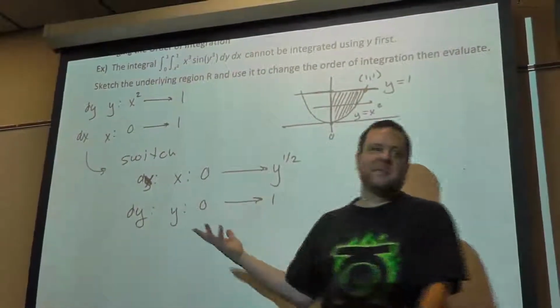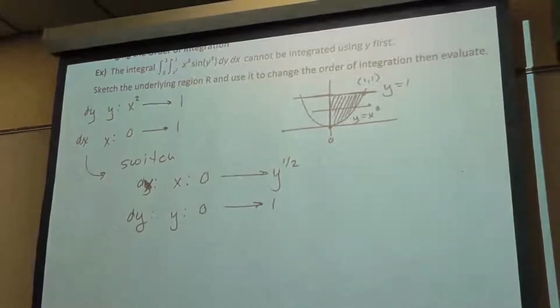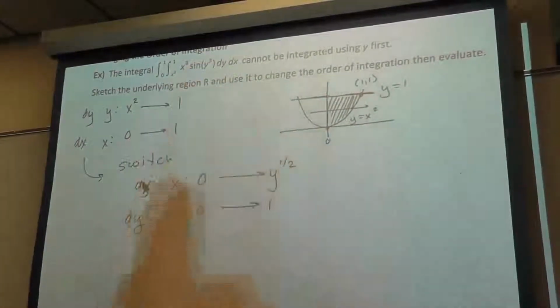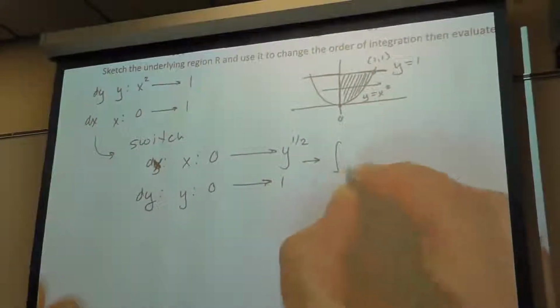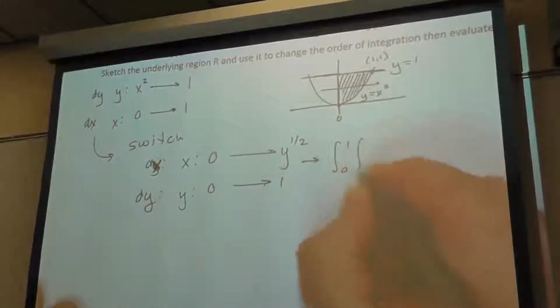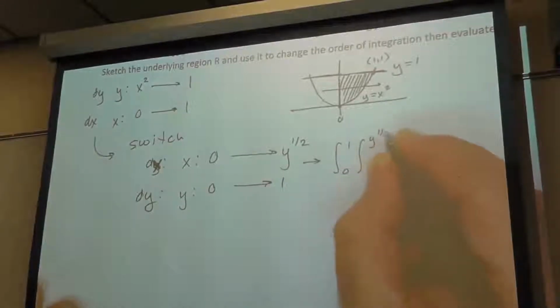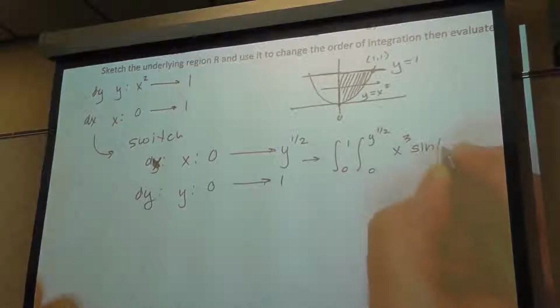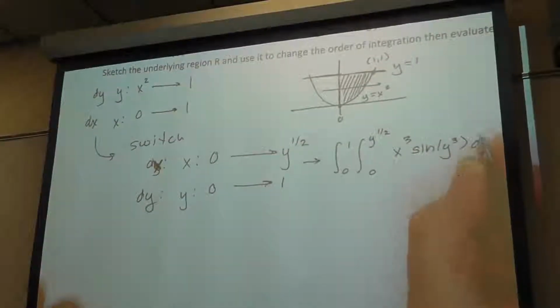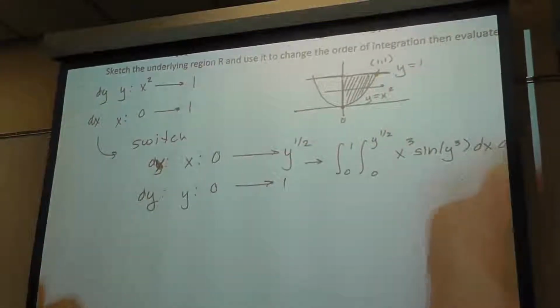They happen to be the same in this one, so be careful about making that gospel truth. Now, committing to a new order of integration, this becomes the integral from 0 to 1 for my outer limits, 0 to square root of y for my inner limits, of x cubed sine of y cubed, and we're doing dx dy order now.